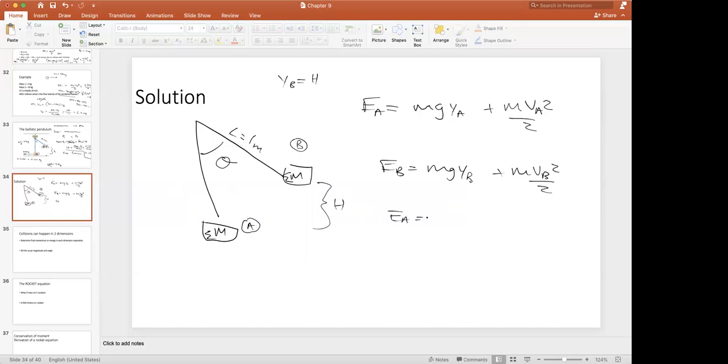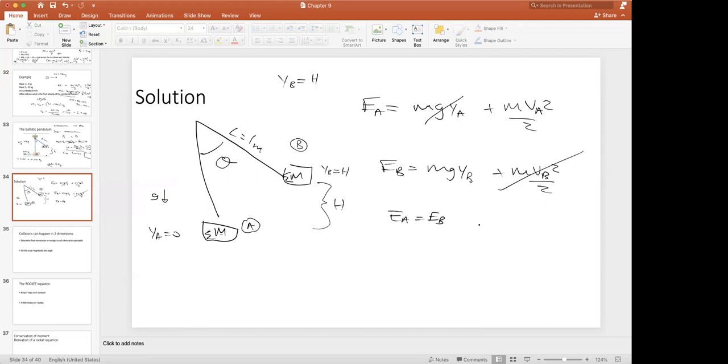Setting EA equal to EB, first of all, we're going to say that yA is 0. We're going to call this our 0 line. And therefore, yB is positive h. G is down, we're assuming, so our y is positive up. We're also going to assume that when it reaches the top of this motion, it no longer has any velocity. So the kinetic energy all turns to potential here.